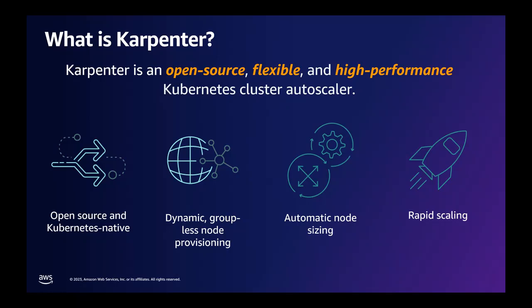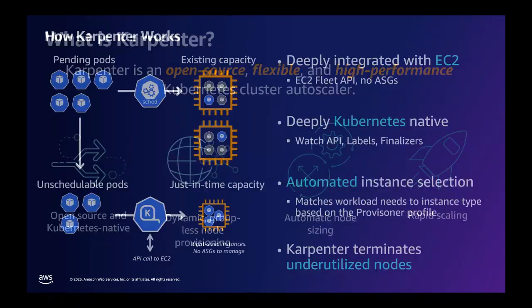In contrast to autoscaling group-based cluster autoscaler, it provides dynamic groupless node provisioning. It can also choose the right instance size on your behalf. And as you will notice in the demo, it can rapidly scale your worker nodes. In short, adding Karpenter to a Kubernetes cluster can dramatically improve the efficiency and cost of running workloads on your cluster.